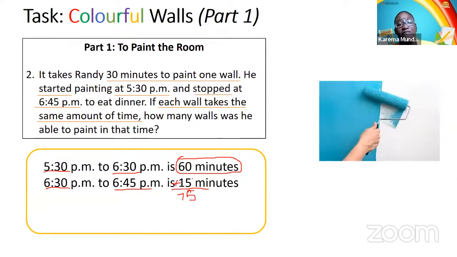Which operation, if I want to find out how many 30 minutes could I get out of 75 minutes? Do you know of any operations that could help us? You could just type it in the chat. Divide. Someone said divide. I see addition. Someone said addition. I would like the students who said addition to perhaps unmute and tell us how they would use addition to help them.